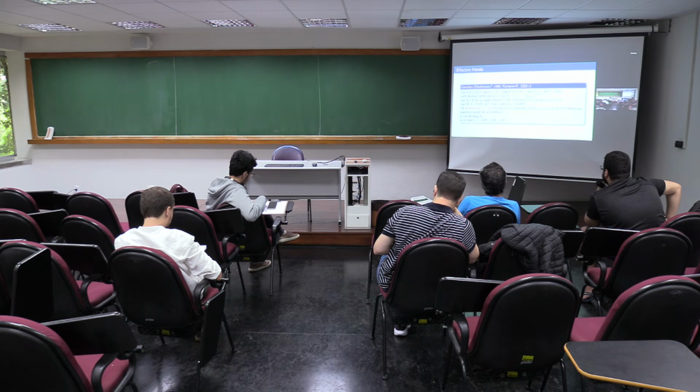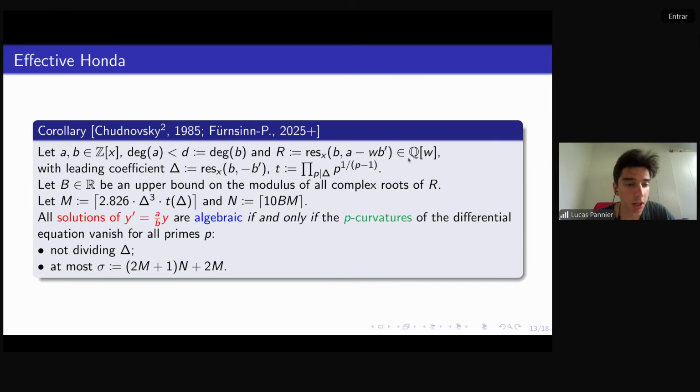This number is actually not completely random. It is a constant coming from the Chudnovsky proof, where at some point there is a statement that the least common multiple of the first n numbers, so the LCM of 1, 2, 3 up to n, can be bounded by some constant to the power n.